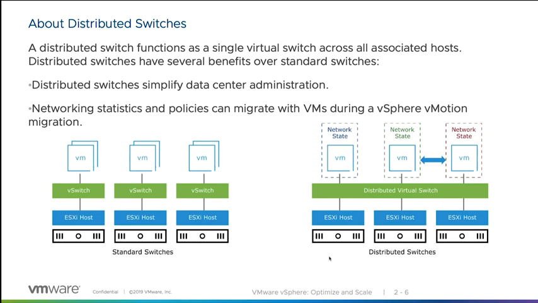Standard switches are essentially a host-based object, whereas a distributed switch is a data center related object. That's a whole other type of way of managing the network. Now, in both cases, they're providing the core layer 2 network capability with the standard levels of giving access for the VMs to connect to the network through the concept called a port group. That all remains the same.